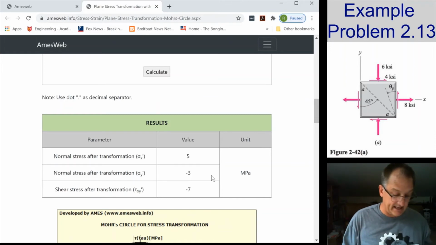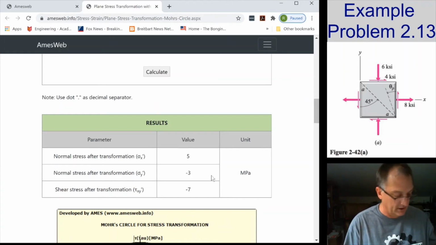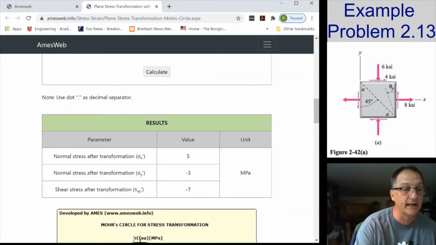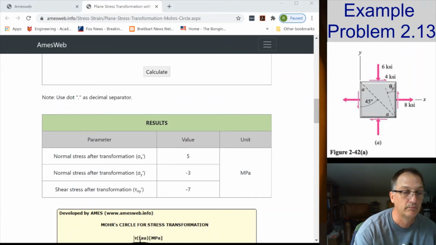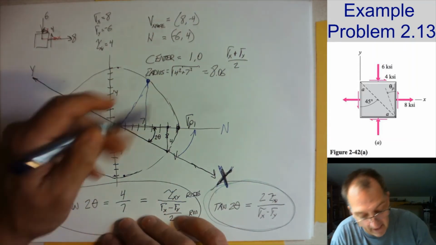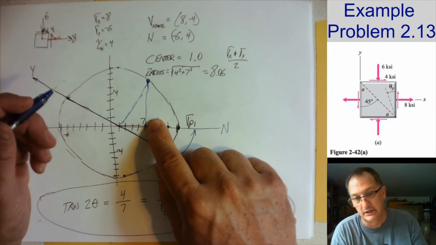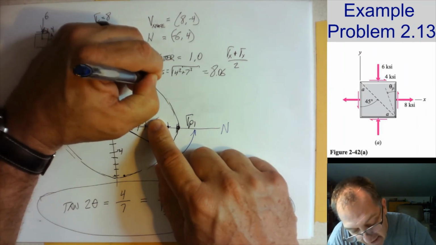Let's talk about why I screwed up. Let's do it with the big picture, and let's see if I can turn on the document camera. I turned it on, but it went to the back, so now I have to move it to the bottom. If this is up here, remember I'm plotting negative shear, so this is actually a negative.